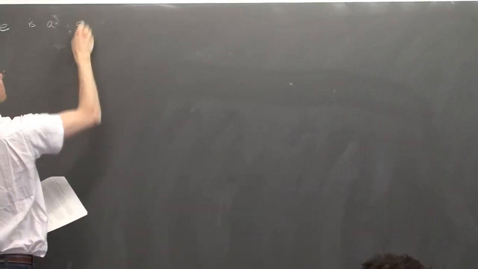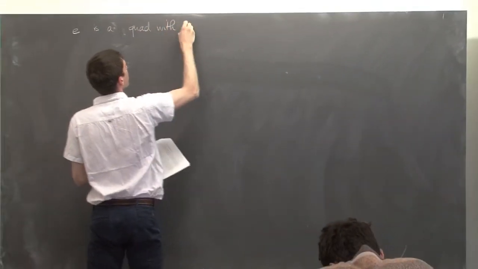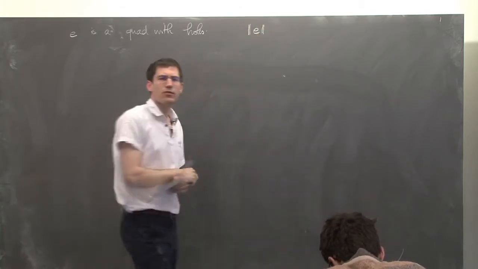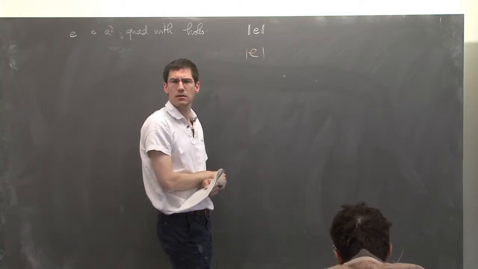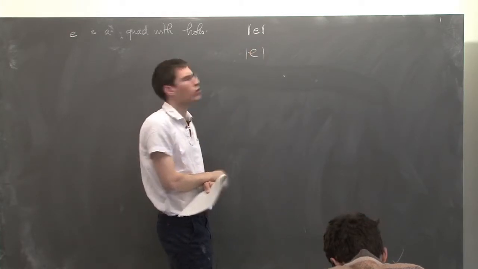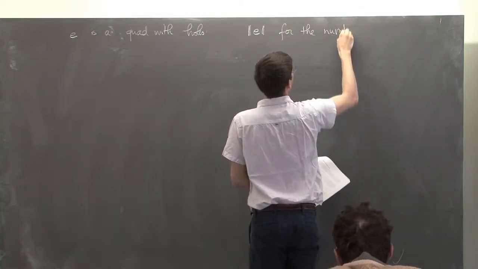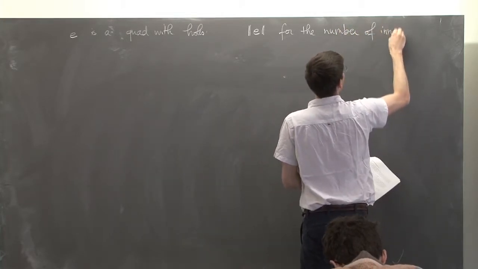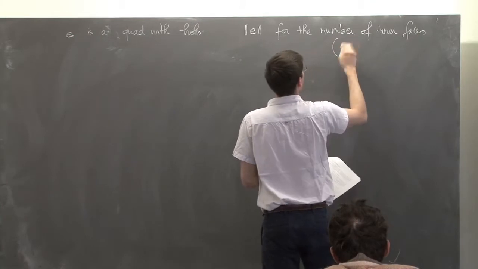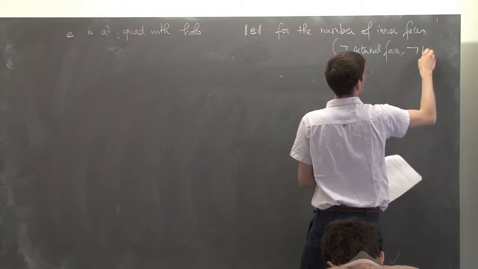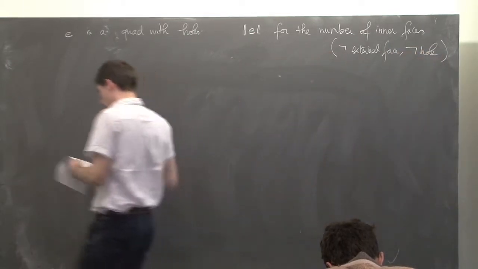Let's say that if E is a planar quadrangulation with holes, I will denote by this the number of inner faces, that is, not the external face and not a hole.